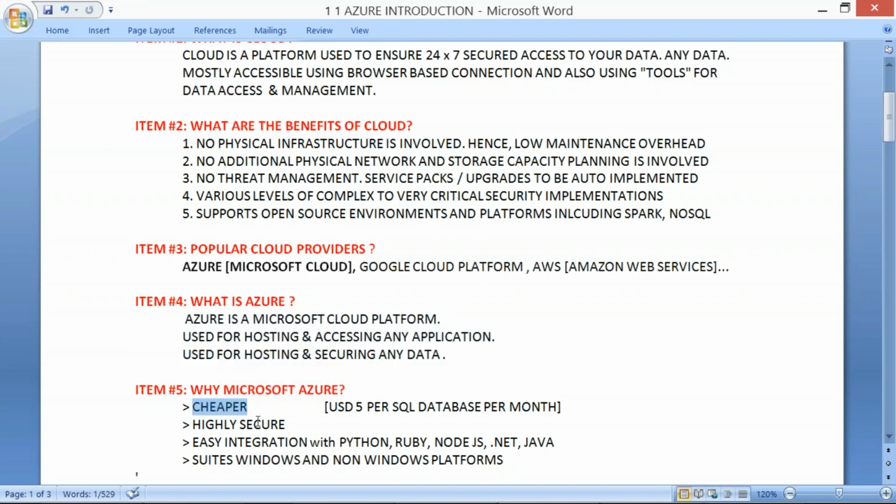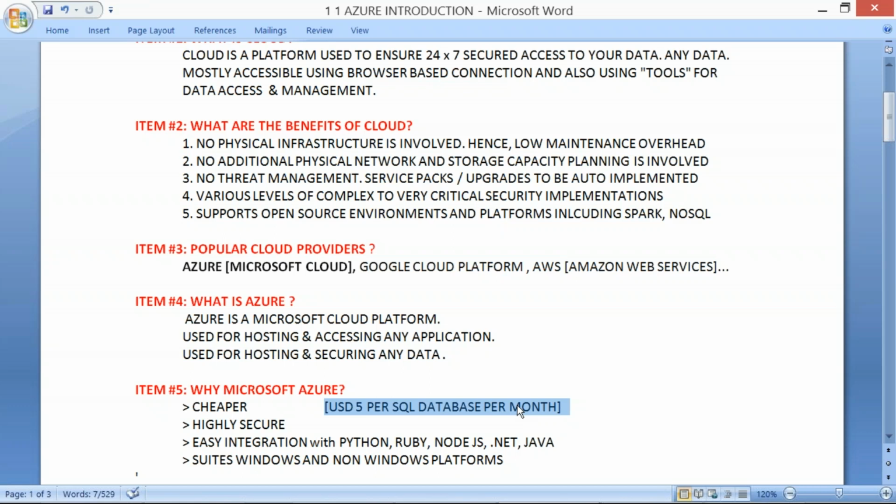It is cheaper. It's very cheap compared to other database technologies. Like for example, it's $5 per database per month. That much low price is involved. At the same time, we get great benefits of storing or hosting the production data in cloud.